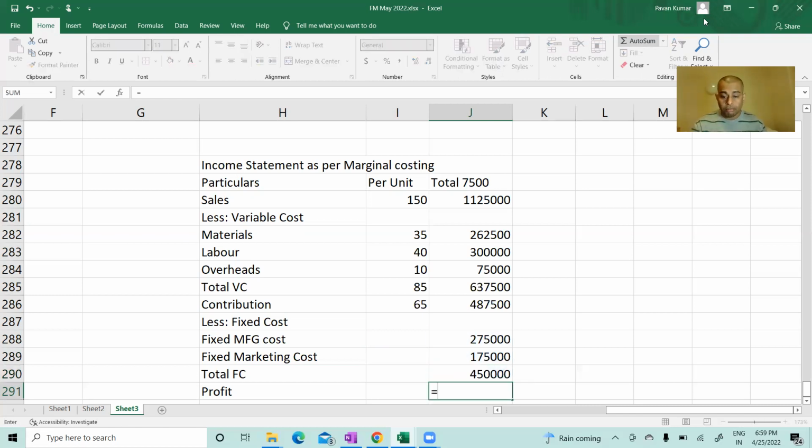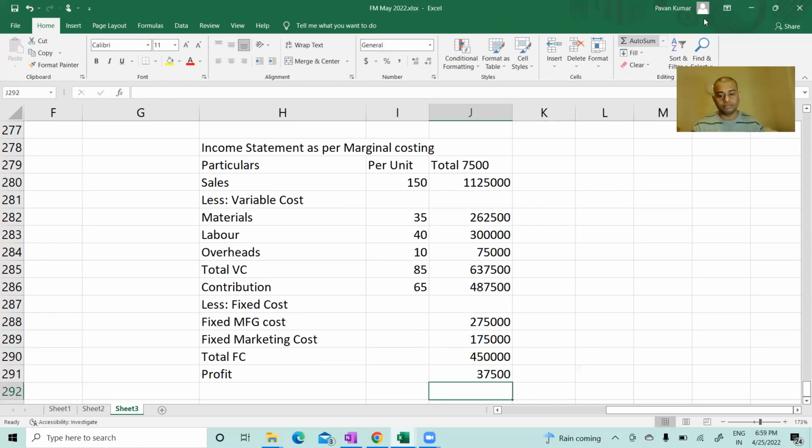So profit is equal to this minus this, 37,500. This is our existing income statement as per marginal costing technique. Okay, so just look at the numbers and try to understand it.